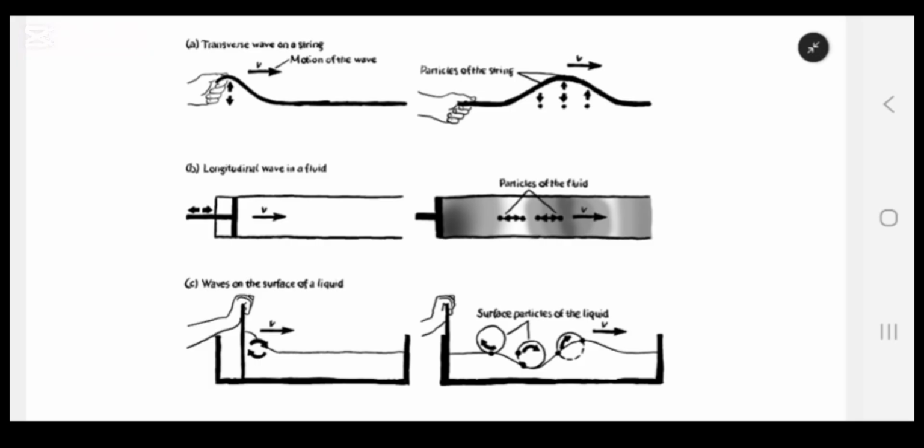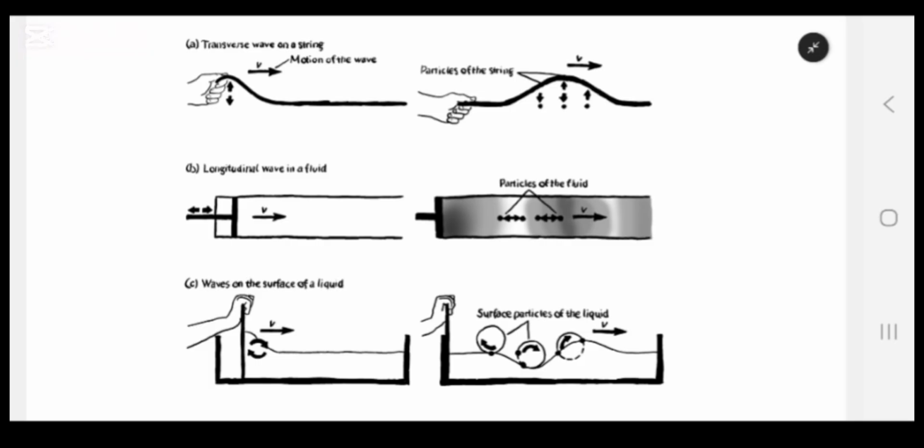And we can oscillate this piston, which would oscillate the water in here. In this case, the particles in the fluid are oscillating in the same direction as the moving wave. So you see here these little water molecules, for example, they're moving back and forth in the same direction that the wave is going.